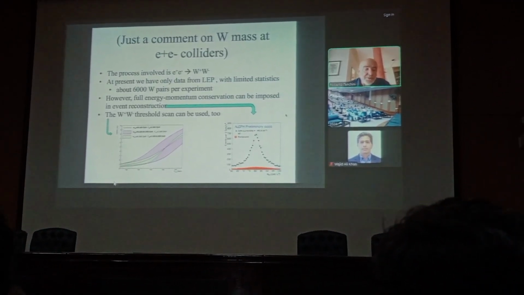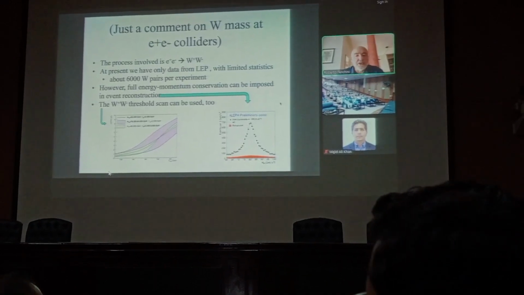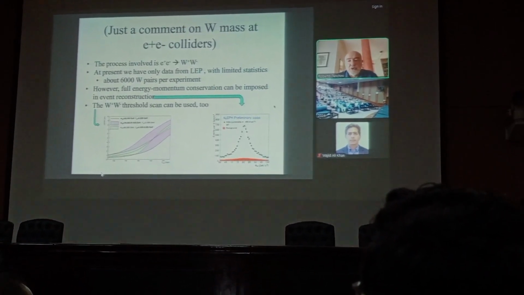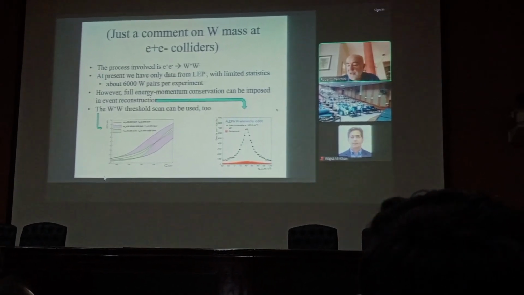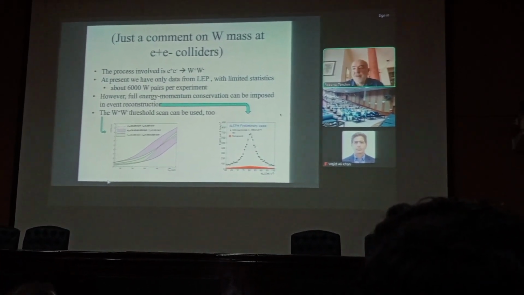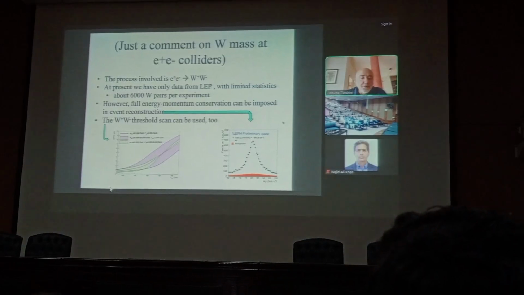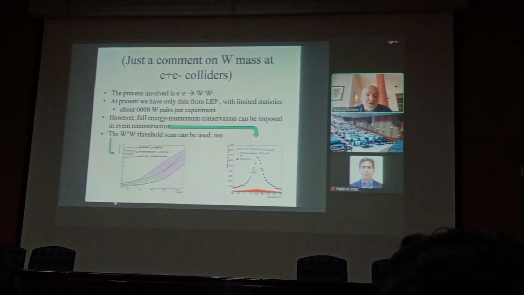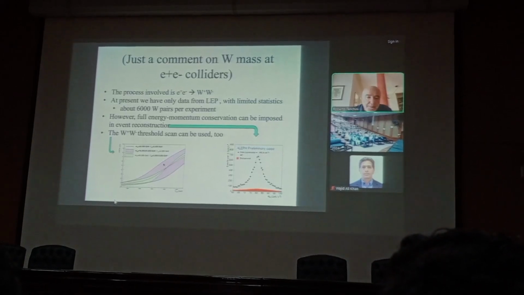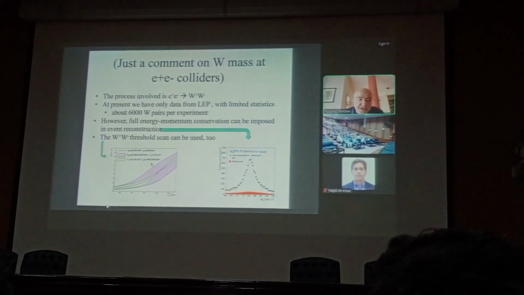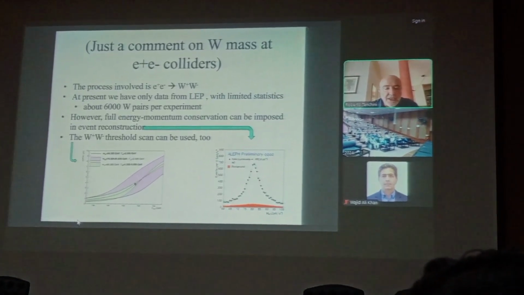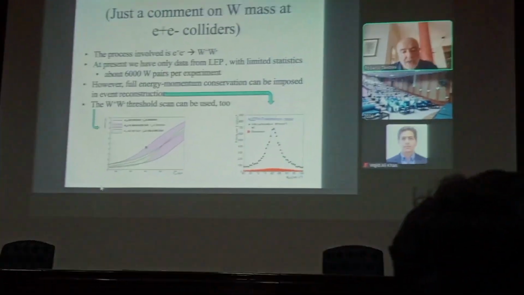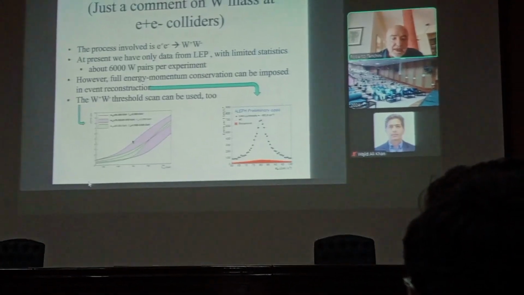Another piece of information which can be used for the measurement of the W mass is the threshold scan. The W mass is around 80 GeV, so in WW production we have pairs, so you need to be around 160 GeV, of course, and we have this cross-section which is rising, and the point where the cross-section rises is very sensitive to the value of the W mass, and to a lesser extent the width too.